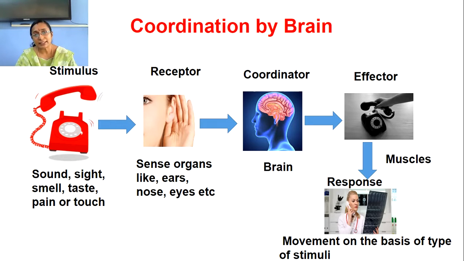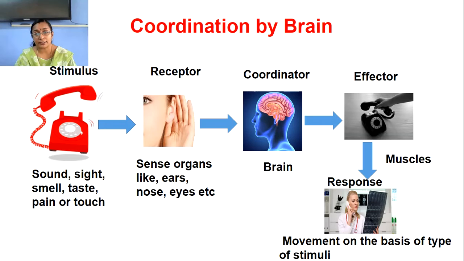Now this is just a small example to show you how coordination is done by the brain. Suppose we come across a stimulus which is sound, in the form of a telephone ringing. Our sense organs, the ears, receive this stimulus of sound and pass the message on to the brain. The brain analyzes the sound, identifies it as the ring of the phone, and guides our muscles to pick up the phone.